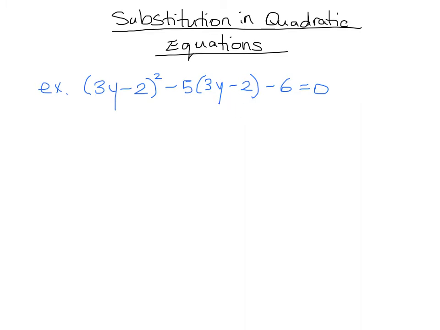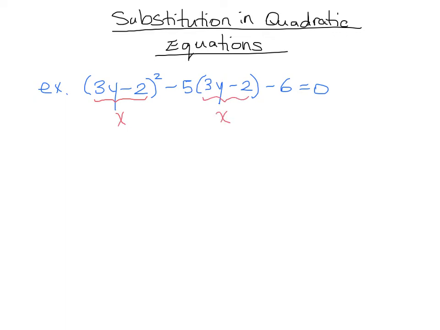So perhaps if we just call this whole thing one little thing, we might have an easier time. We can substitute x for 3y minus 2. Everywhere we see 3y minus 2, we're going to put an x. So we have it there, and we have it there as well.